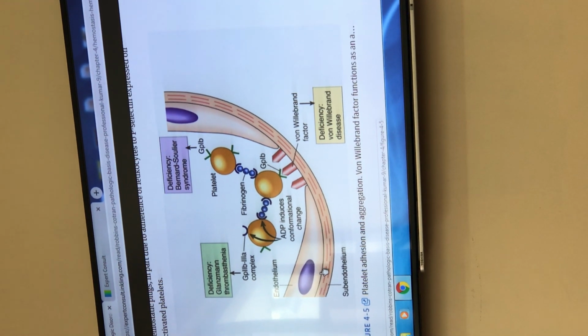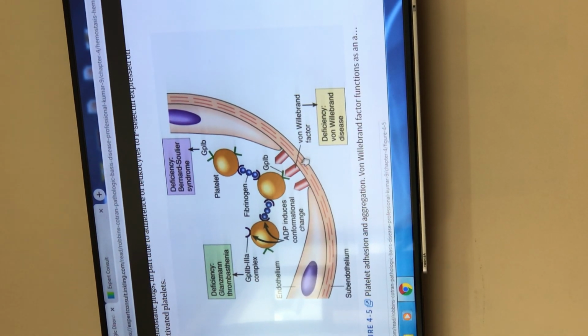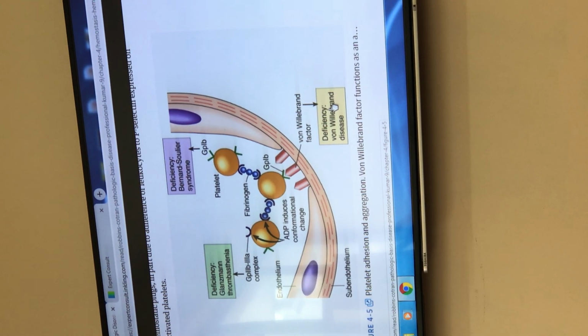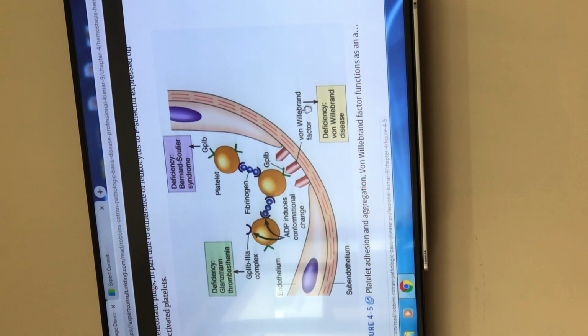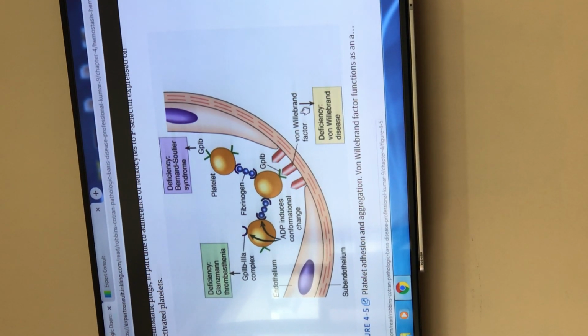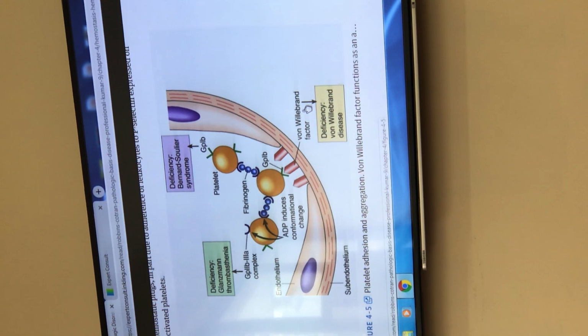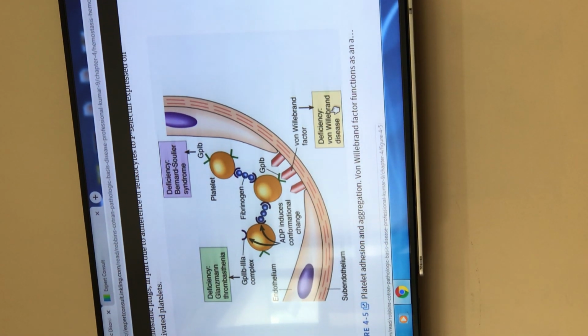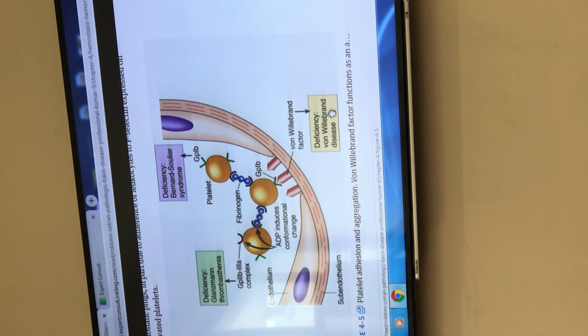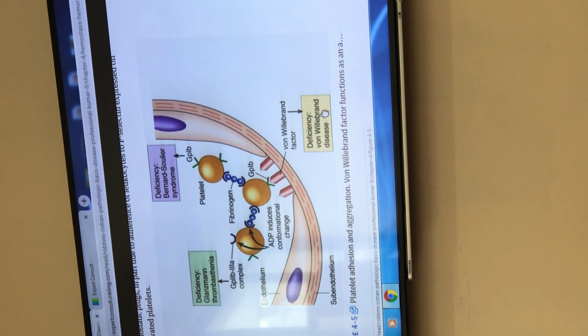Hemophilia is the most common heritable bleeding disorder that can cause dangerous bleeding. So hemophilia is important because it can cause life-threatening problems. But von Willebrand disease is the most common, but the type of bleeding in von Willebrand disease is usually mild.